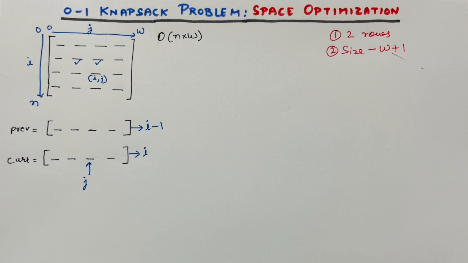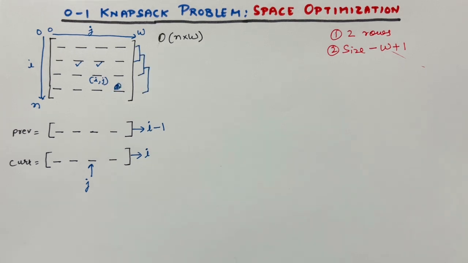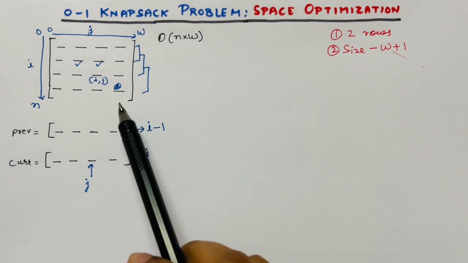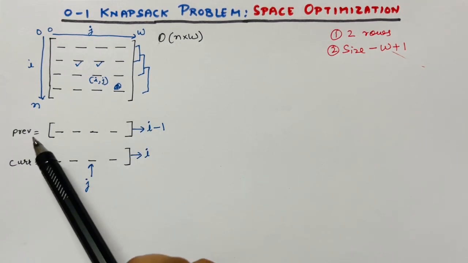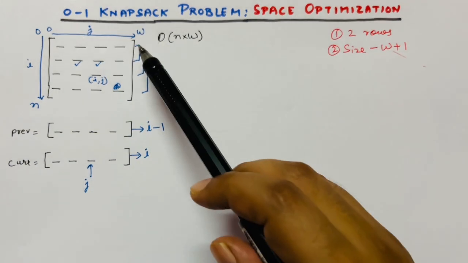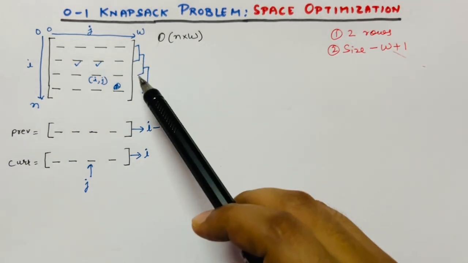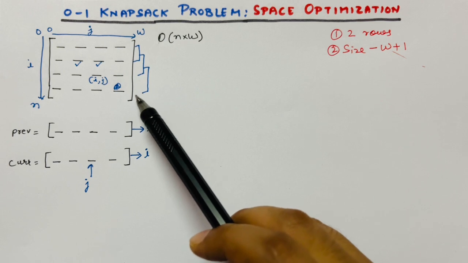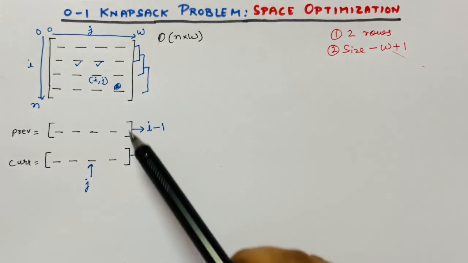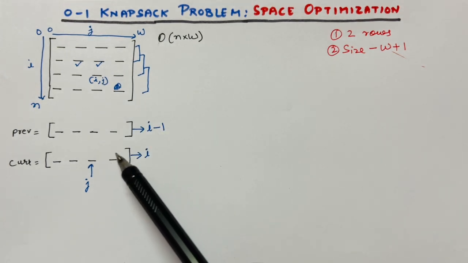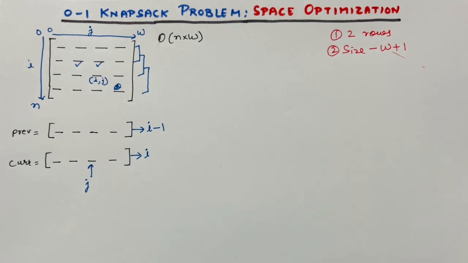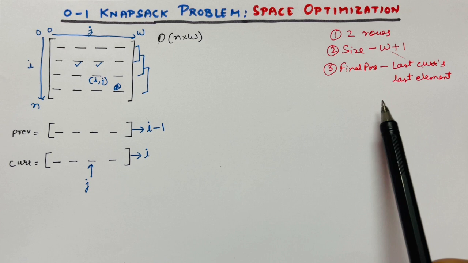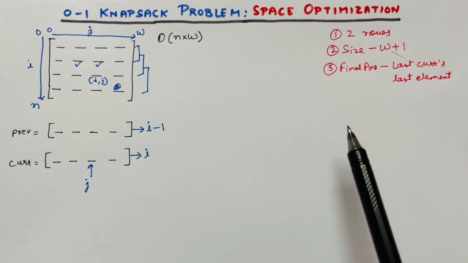So now let's think how we can obtain our final answer. Our final answer in this 2D matrix corresponds to this position. So if we start our previous and current from rows 0 and 1, then 1 and 2 and so on till current reaches n, then whatever is the last element at current, its value will be our answer. So we have noted here how we will derive our final answer.